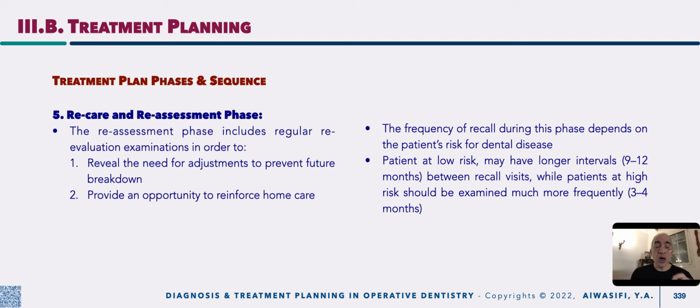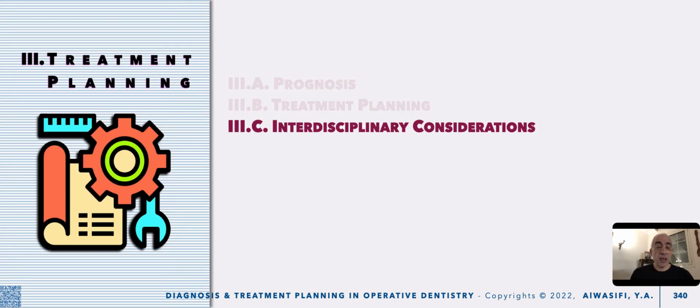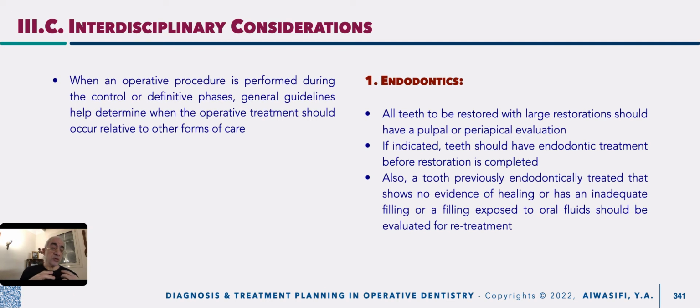What if you are part of an interdisciplinary, comprehensive, complicated case? Then, in such a condition, the definitive phase will be too crowded with many disciplines. We should have general guidelines: who should start first?